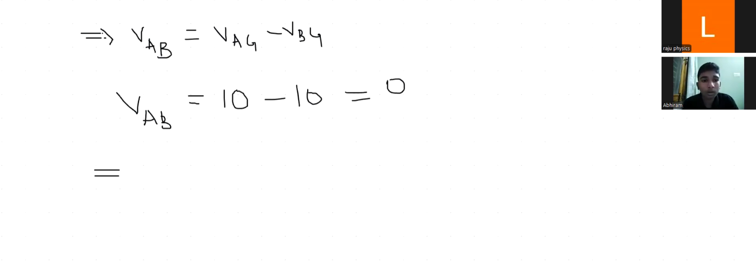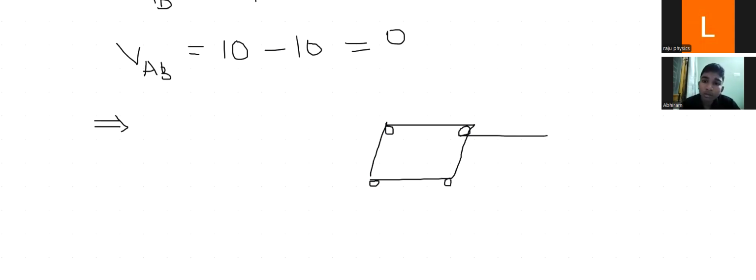Okay, next, one more question. This question is very, very difficult. This is the trolley, and the trolley was moving at 10 meters per second.